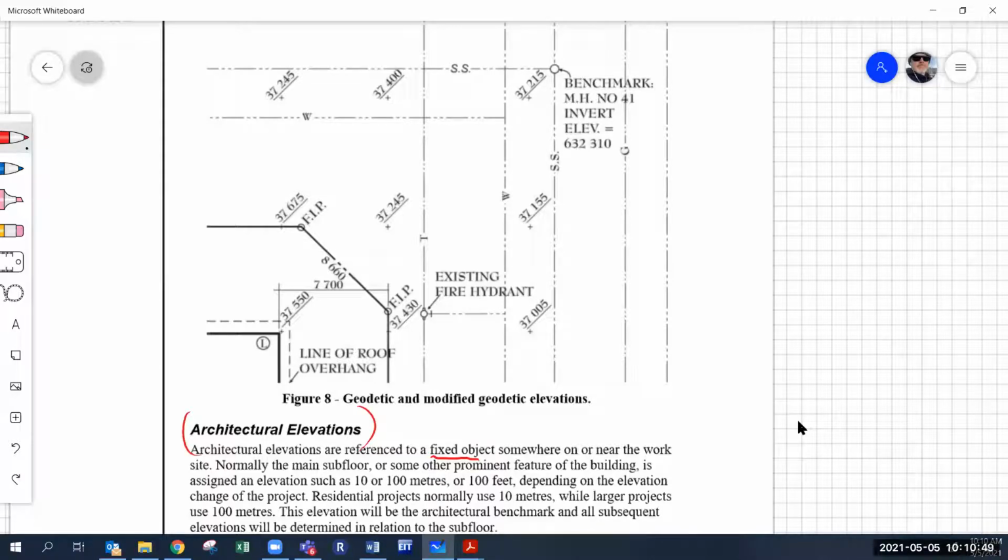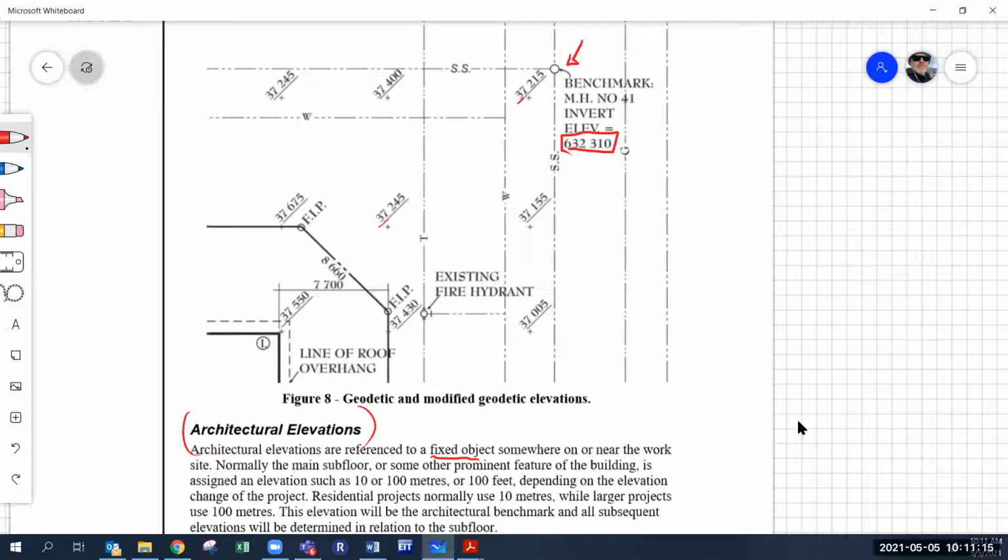Yes. Thank you. Okay. So you can see here, we have a benchmark on this print. It's up here and it gives you a geodetic elevation, right? And then some of these other ones are given modified geodetic elevations because they don't have the extra number up top.